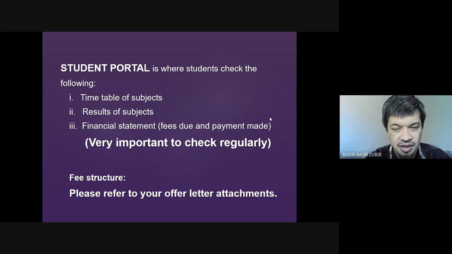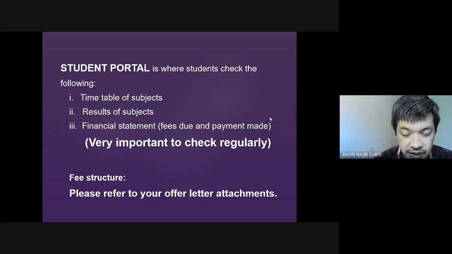Let's say your parent has paid through JomPay, you open the portal and check whether the amount has been reflected or not. That 3,000 is already in the system or not. If it is not in the system, then alert the finance division. Alert the person in charge, like the key personnel that I mentioned, and they will communicate to the finance division, or if you know the finance division personnel, you can direct your email to them and say that my parent has paid, but it has not been reflected in the financial statement in the student portal.